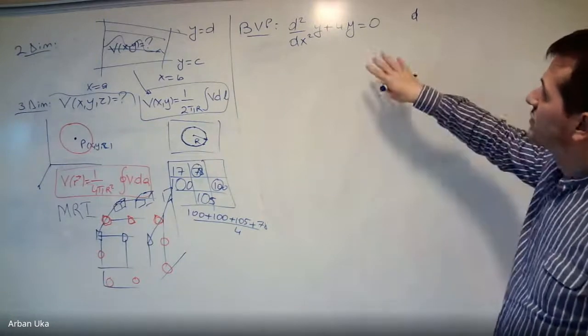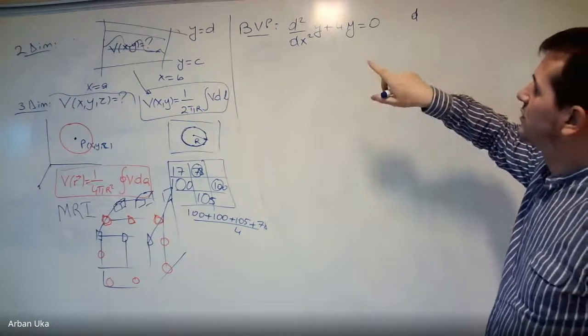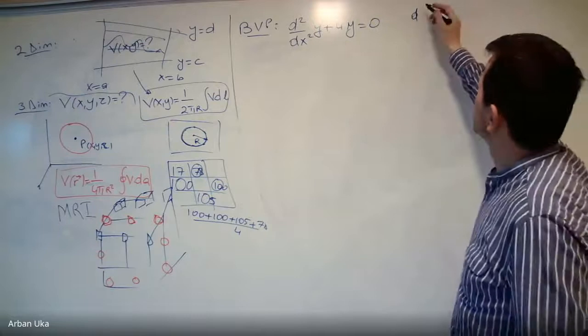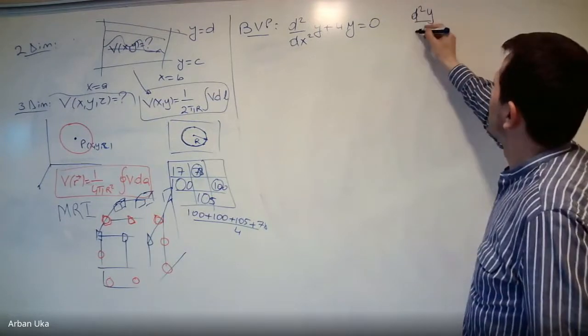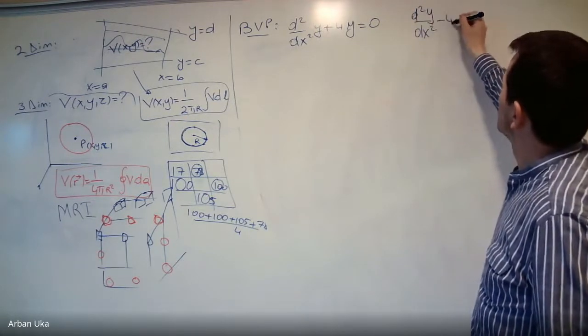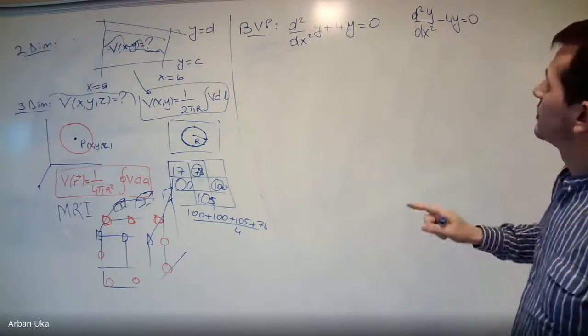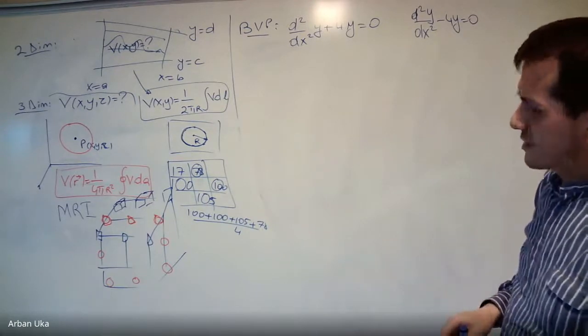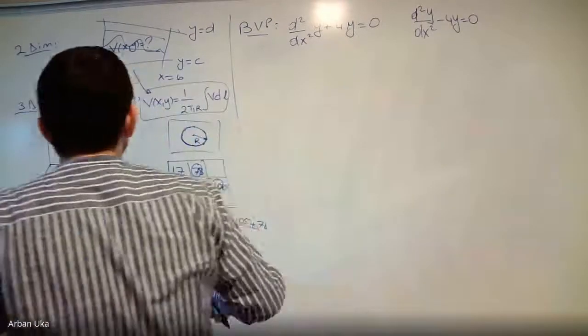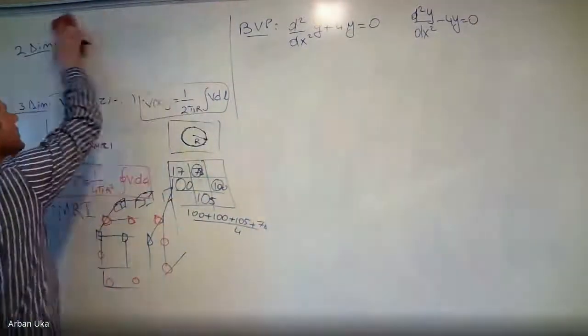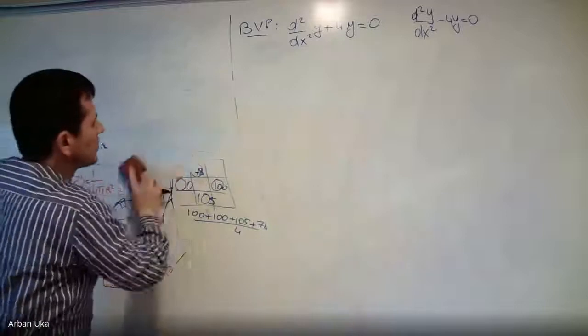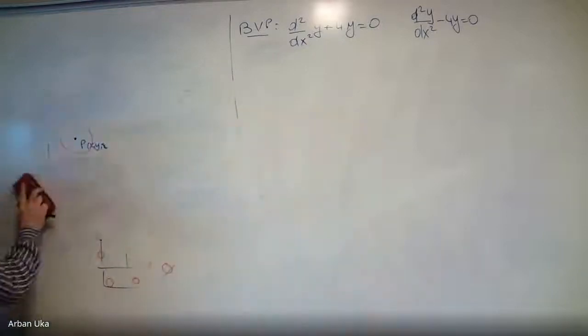I would write this on a piece of paper, and in 2 minutes, I would figure out what the solution of this differential equation should look like and what the solution of this other differential equation is going to look like, okay? Because these are what we call differential equations with constant coefficients.